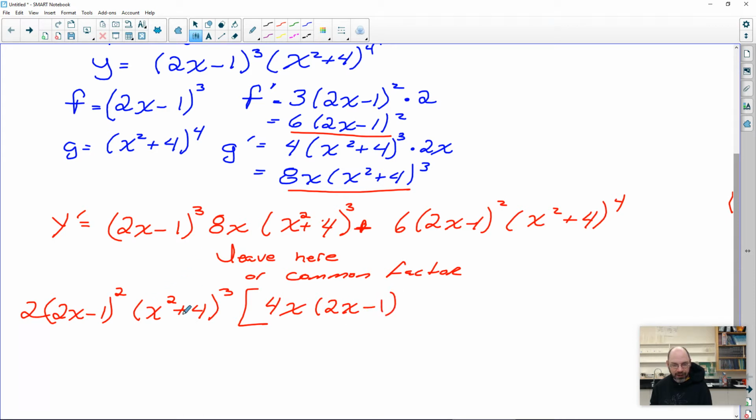Okay, and if you've taken out 3 of these, you've got none of them left. Okay, so that's in there, and then we go plus. Okay, and then you've taken out a 2, so there's 3 left. You've taken out 2 of these, so there's none of these left. And you've taken out 3 of those, so there's 1 of those left.